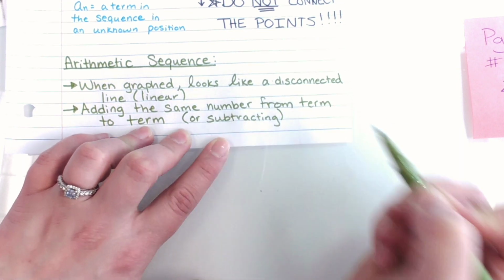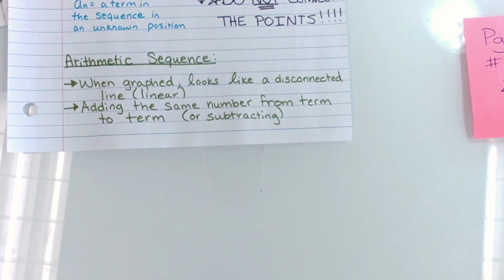Technically, when we talk about these arithmetic sequences, we are talking about adding the same number every time, but adding a negative looks like subtracting. So if you see a pattern that looks like subtracting the same number every time, it is arithmetic.